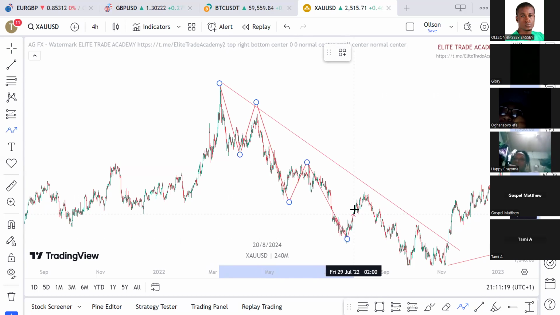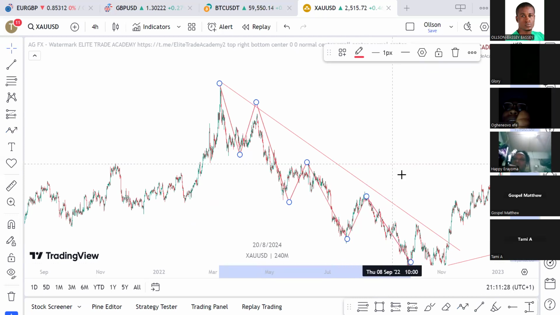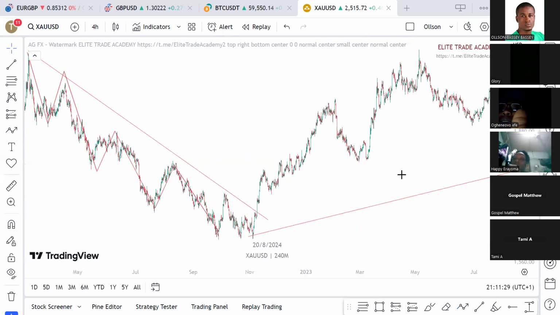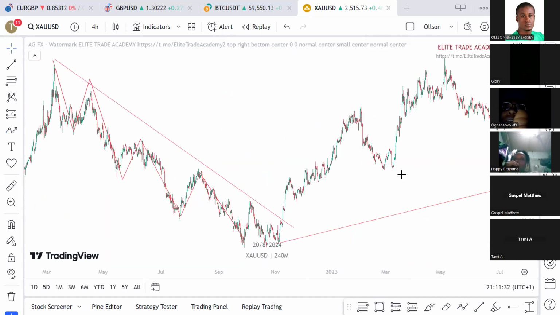You see this all the time. Price will always do this. Higher low and lower low. So you can see that the price movement is consistent.